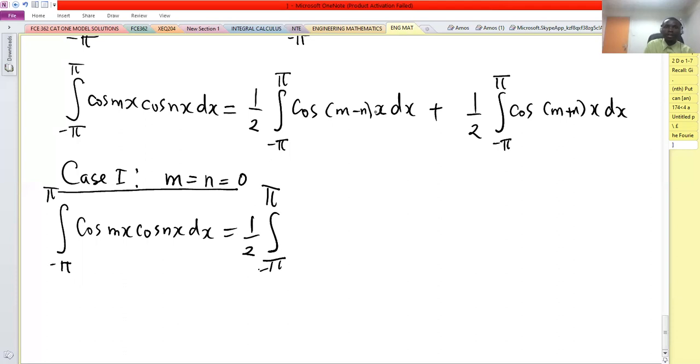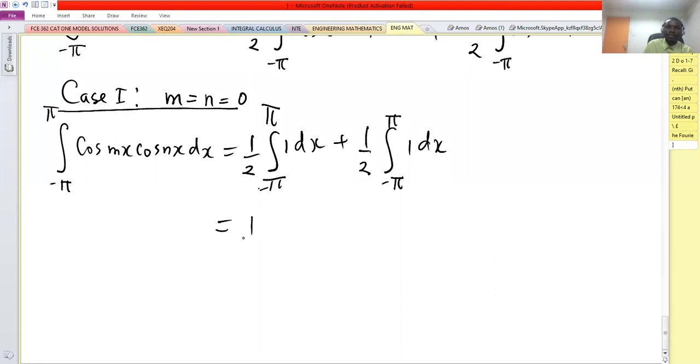Now, 0 minus 0 is 0, 0 times x is 0, cosine of 0 is 1, so I have 1 dx, plus a half integral from minus pi to pi. 0 plus 0 is 0 times x is 0, cos of 0 is 1, so 1 dx.